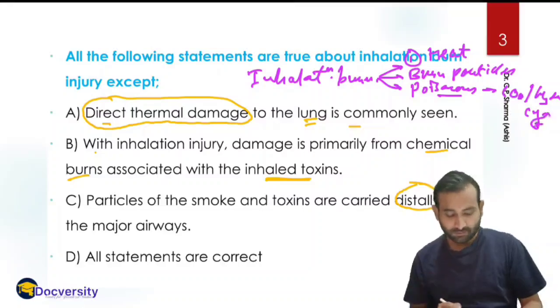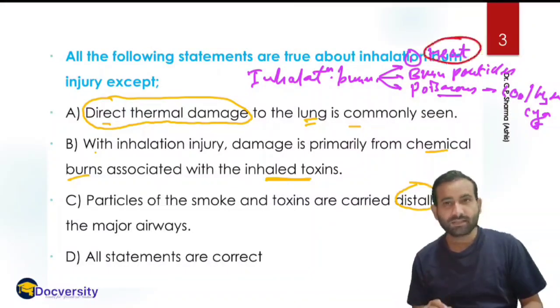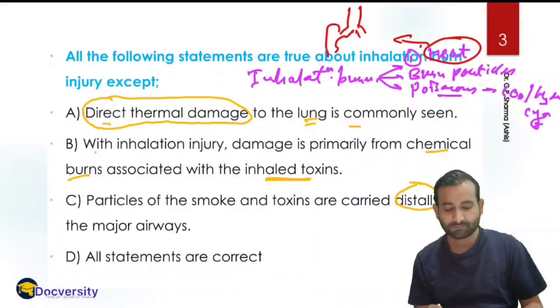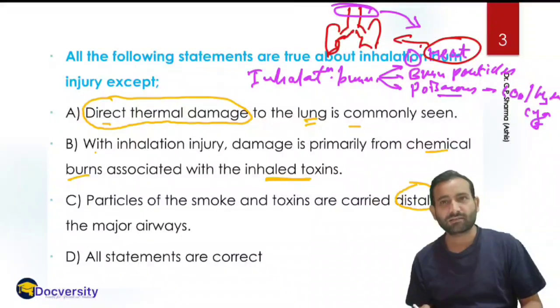Few things you have to understand here. Heat does not reach the lungs. We divide the airways into the upper airways and the lower airways. The heat causes damage to the upper airways, because heat cannot enter into the lungs.